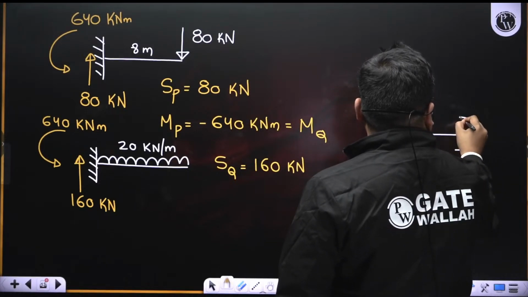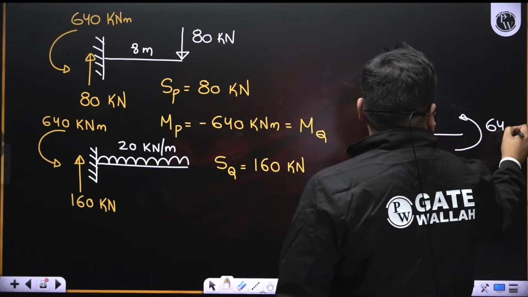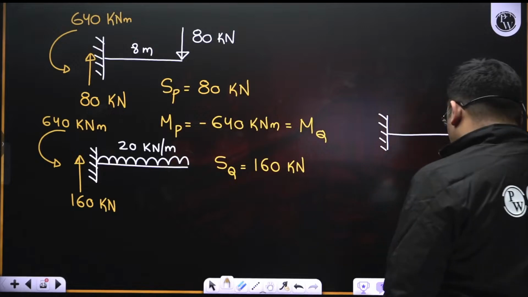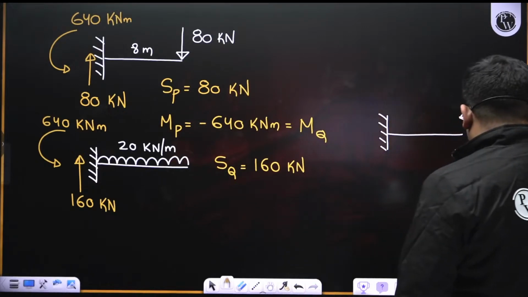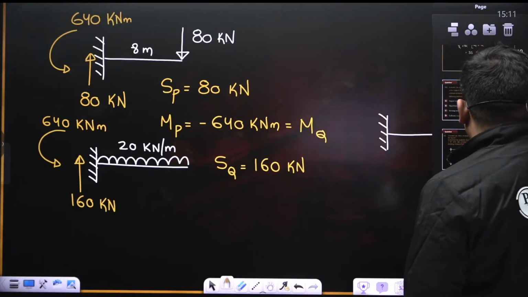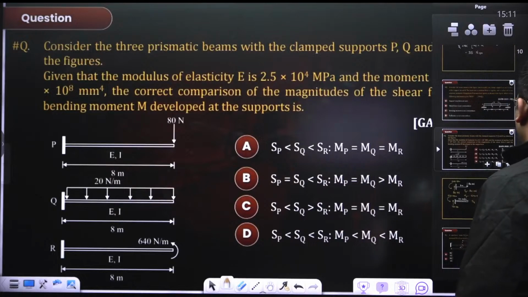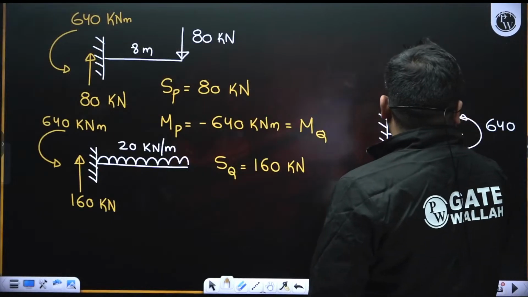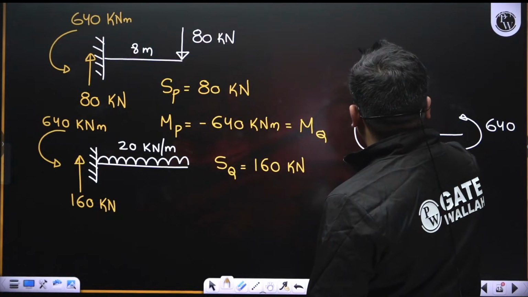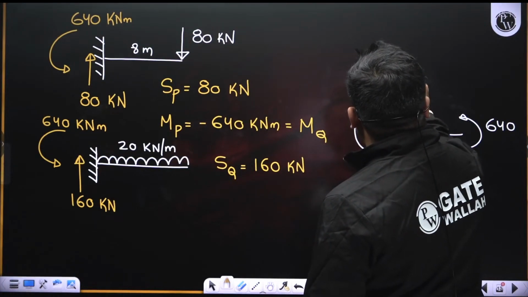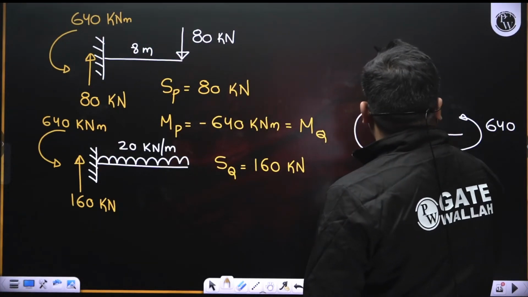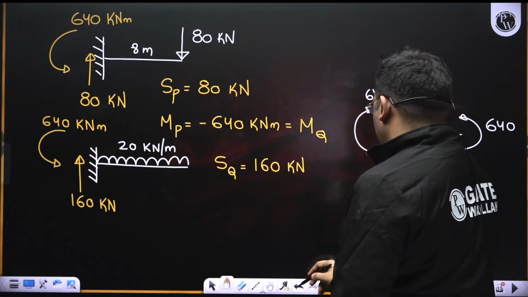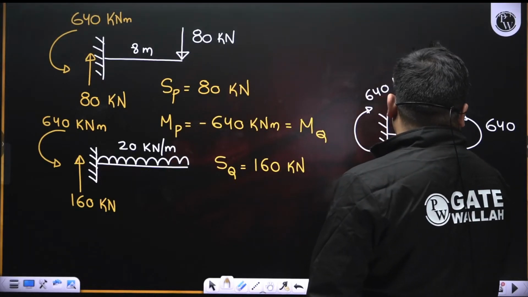Now see for the third one, you see the moment is 640 here. So here also the reaction moment will be 640, and there is no force acting, so shear force at support will be 0 only, right? So SR is 0.